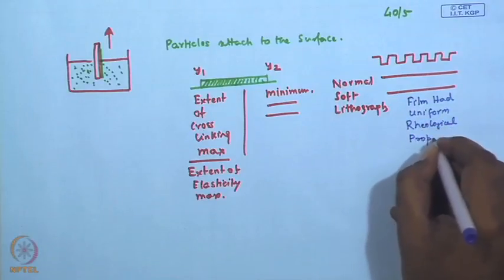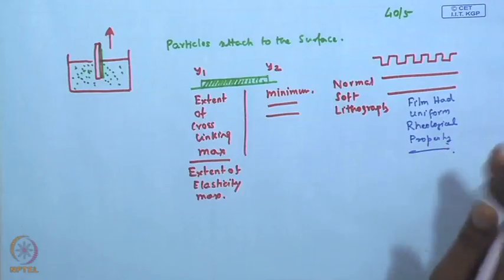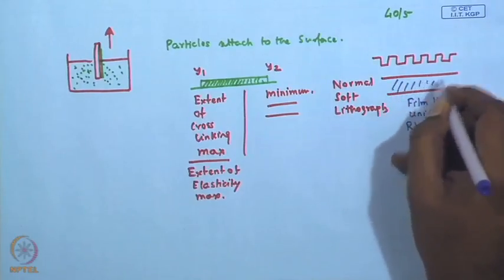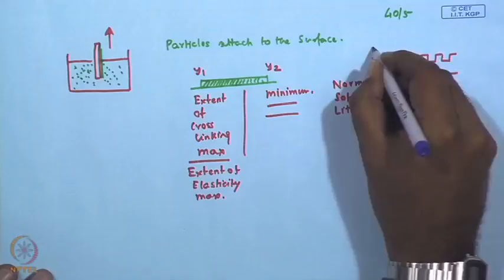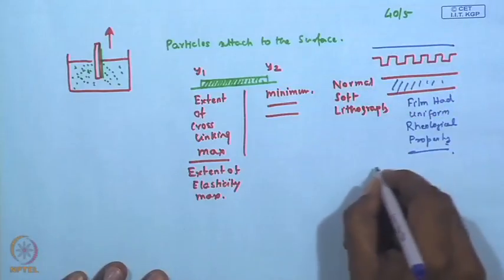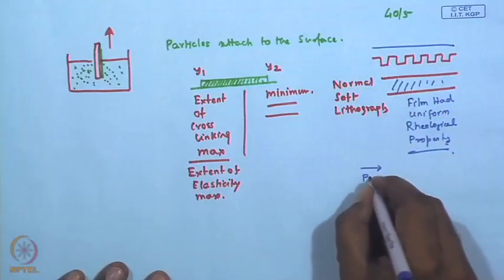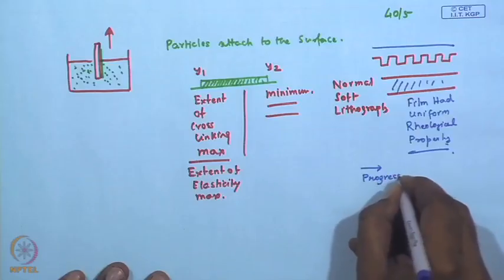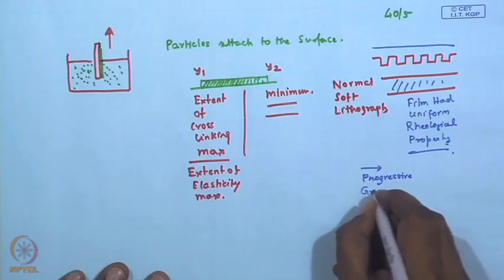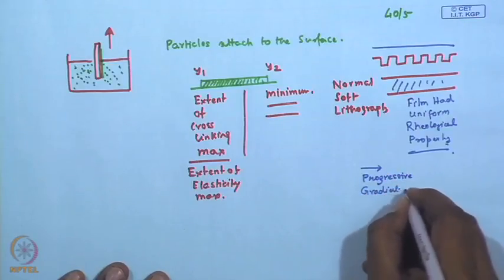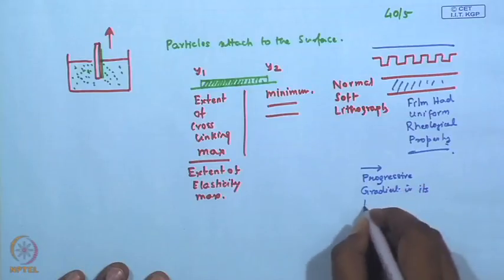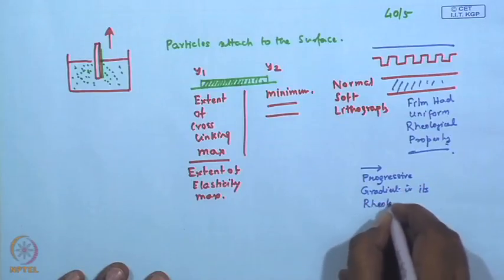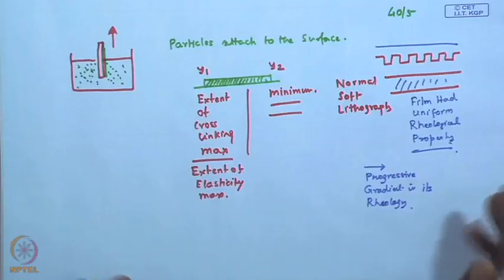In contrast, here we are now talking about a film which has a progressive gradient in its rheology. So, the level of viscoelasticity varies from one end to the other of the film.